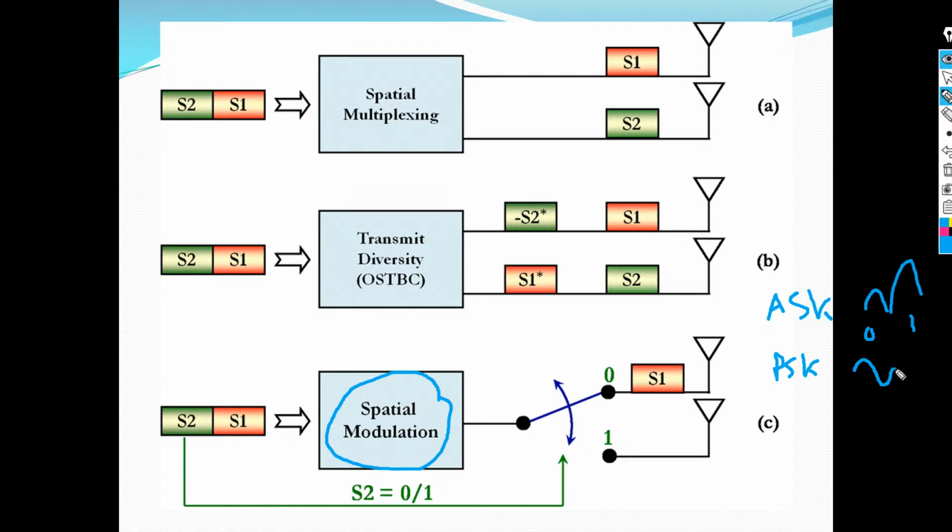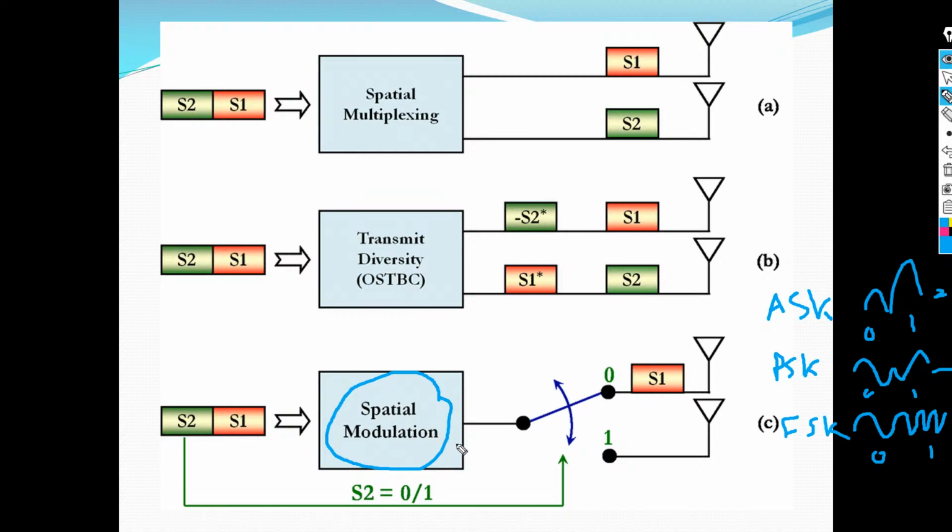If 1 comes, make the phase pi. In case you have frequency shift keying, you change the frequency based on the incoming data. If 1 comes, make the frequency very high. If 0 comes, make the frequency low. So this represents 0, this represents 1.